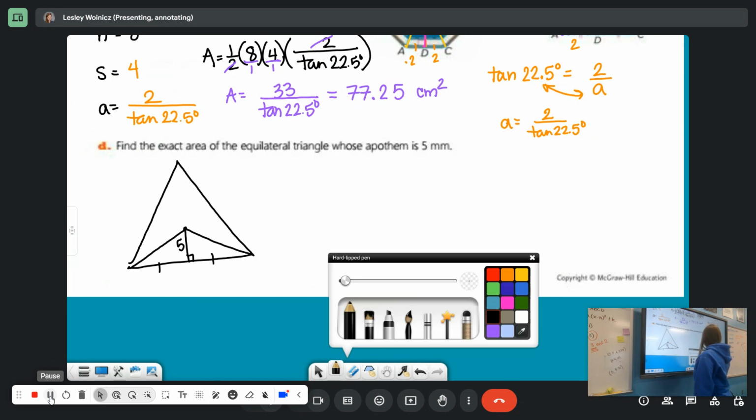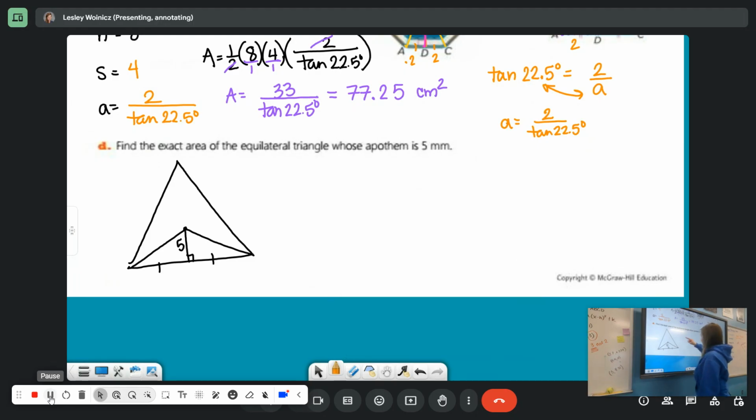All right, now we need to figure out what the central angle is. So like, what is this angle? Well, it's my 360 degrees divided by 3 sides and 3 central angles. So we're going to call that 120.